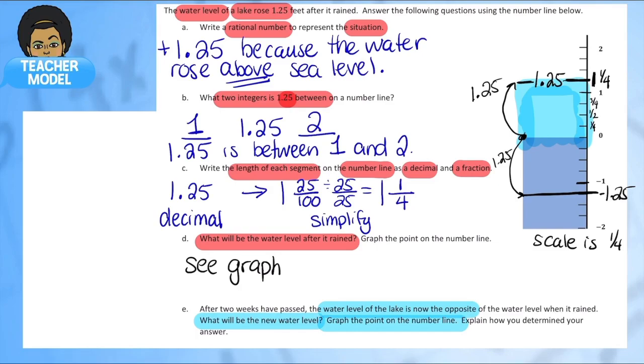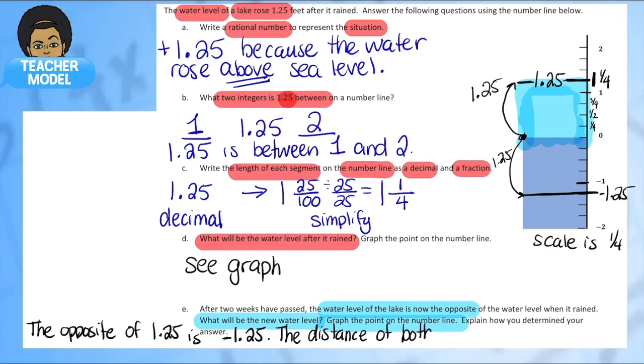So let's write this down so we have it. The opposite of 1 25/100 is negative 1 25/100. There we go. We've already marked it, and let's explain how we knew our answer. The distance of both are the same.